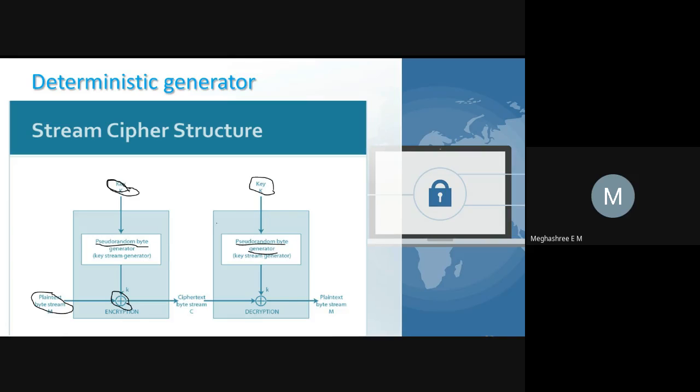So why have I considered this example? Because this key plays a very important role here. There are n number of encryption and decryption algorithms available in the public domain, right? So if the attacker knows the algorithm, he can try out all the algorithms that are available in the market or in use.